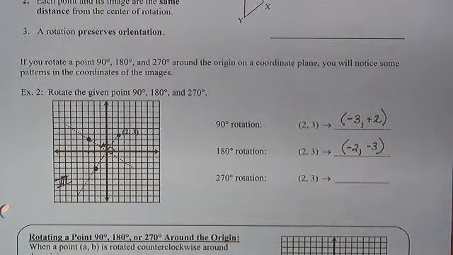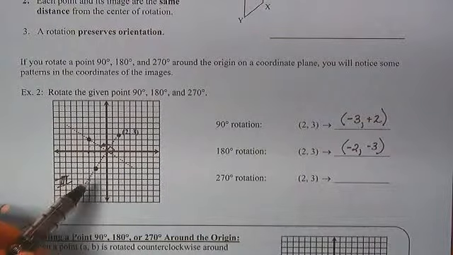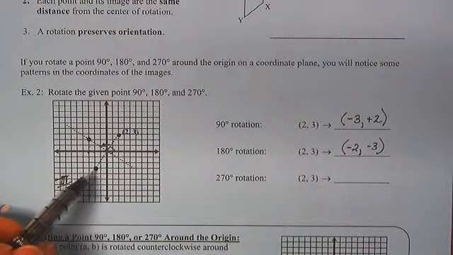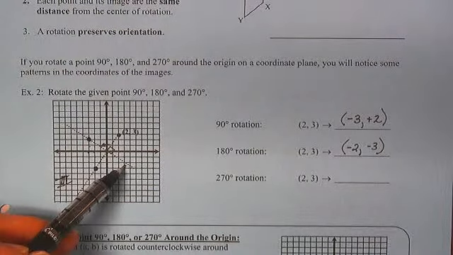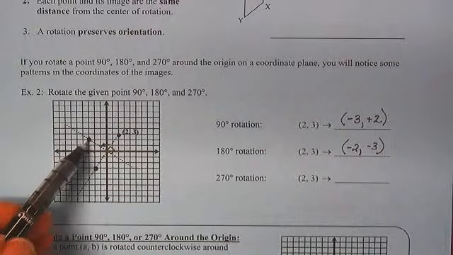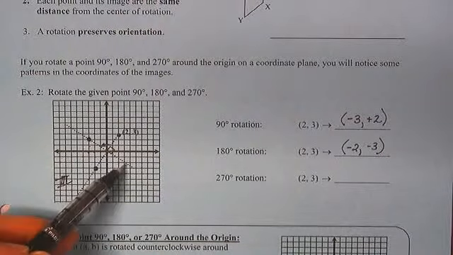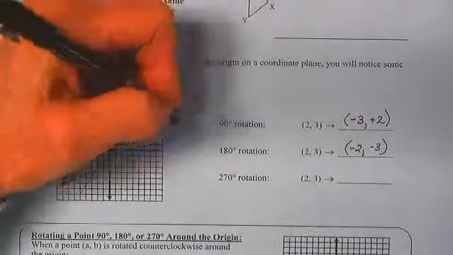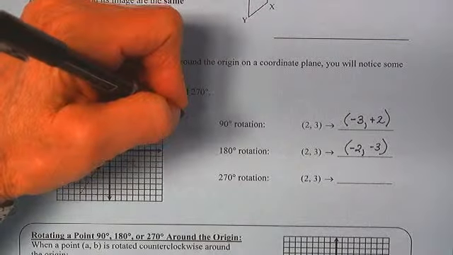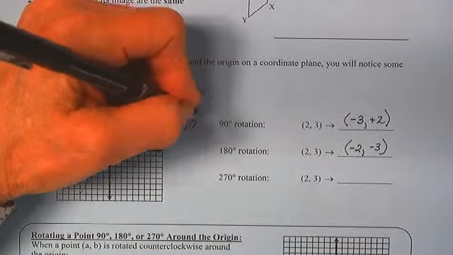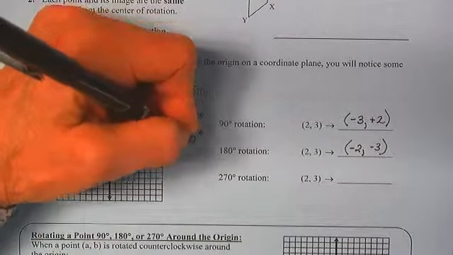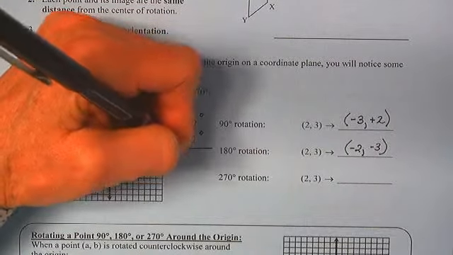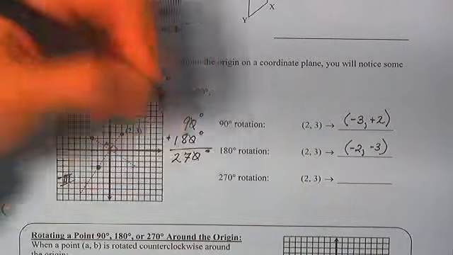Okay. How did we find the 180-degree point? Well, we're going to do exactly the same thing to go from 90 to 270, because we notice that 90 degrees plus 180 degrees equals 270 degrees.